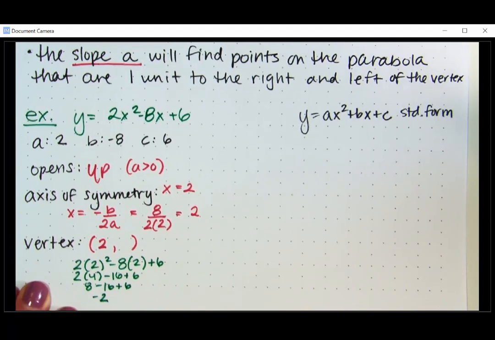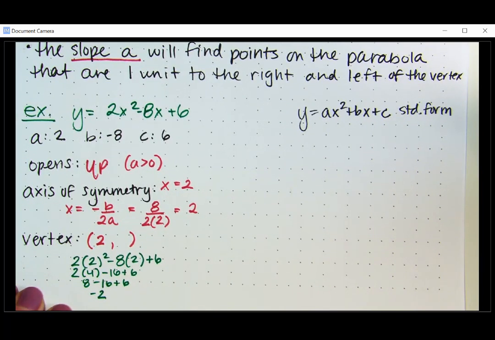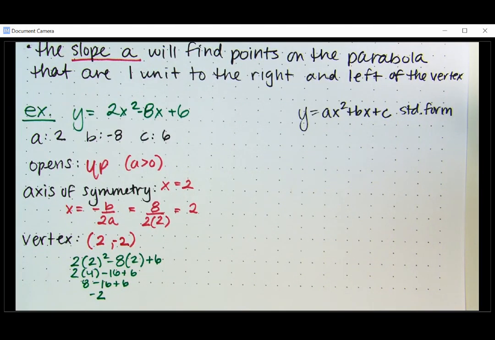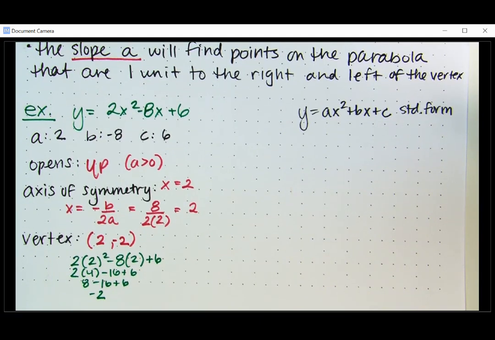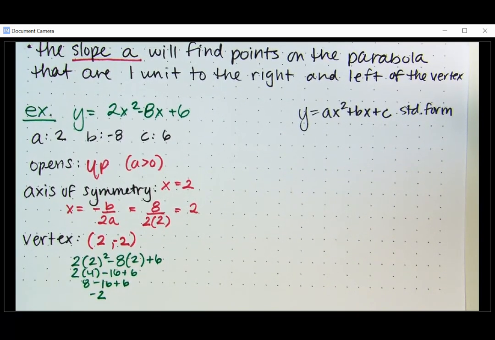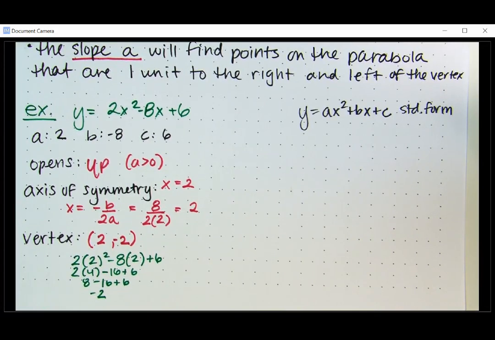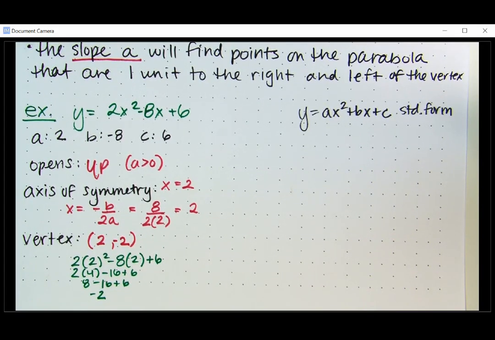And I would get -2. Okay, so the next part we want to know, is this going to be the minimum or the maximum? So is it going to be the low point or the high point?